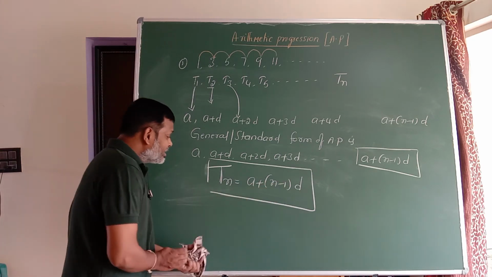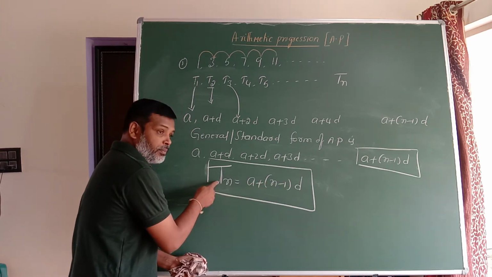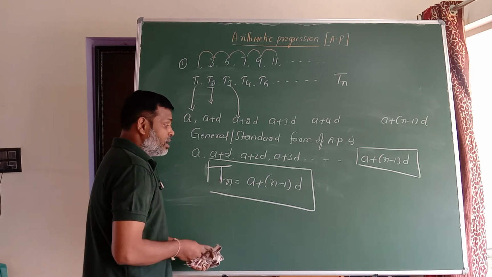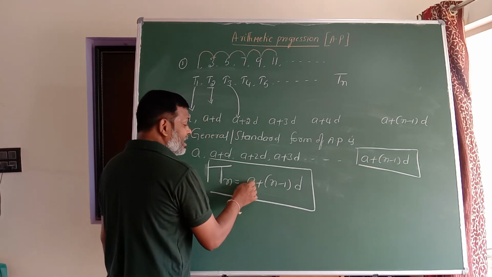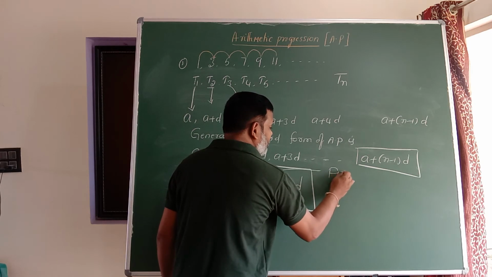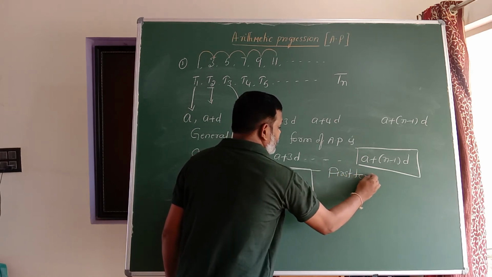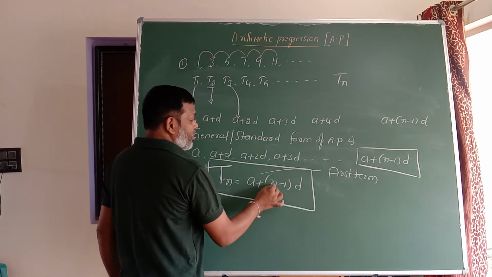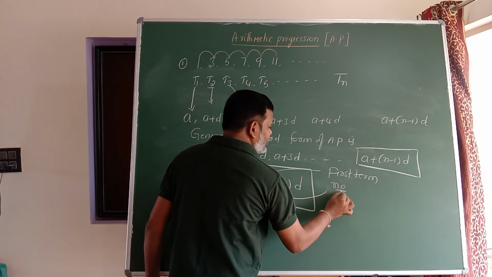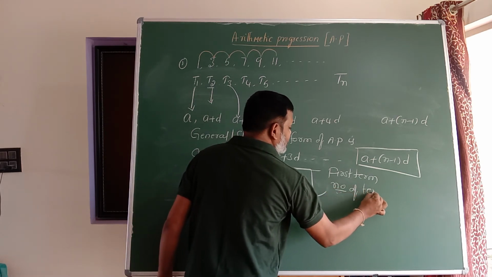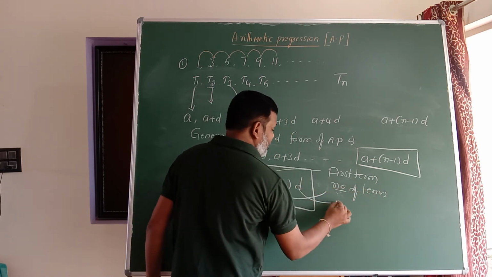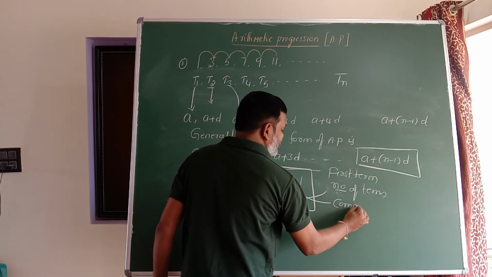Here, Tn is the nth term, where a is the first term, n is the number of terms, and d is the common difference.